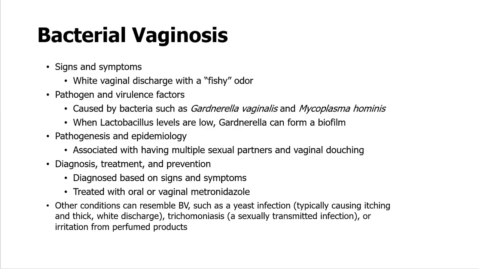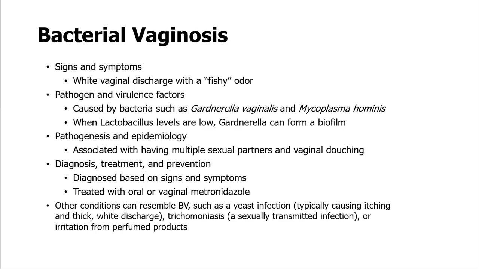It is associated with having multiple sex partners and frequent vaginal douching. It is diagnosed by this discharge and is usually treated with oral medication. Other conditions can resemble this, such as a yeast infection or trichomonas, which is sexually transmitted, or irritation from perfume products. So you have to be careful.